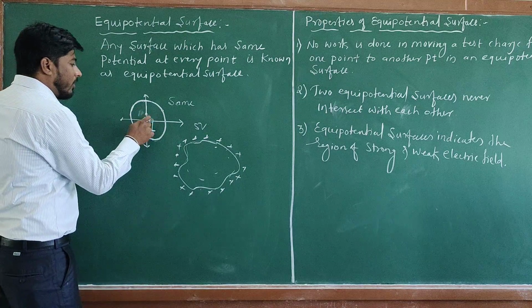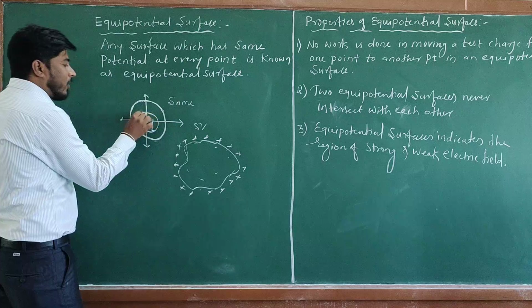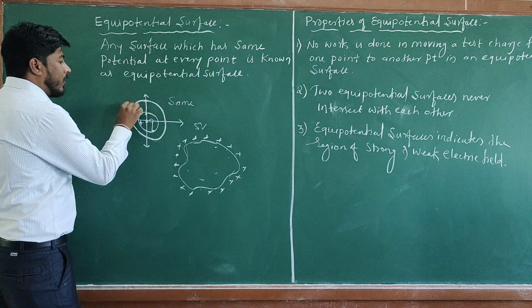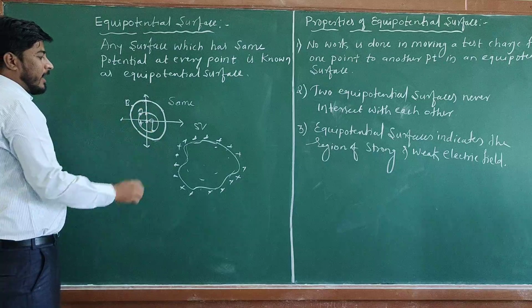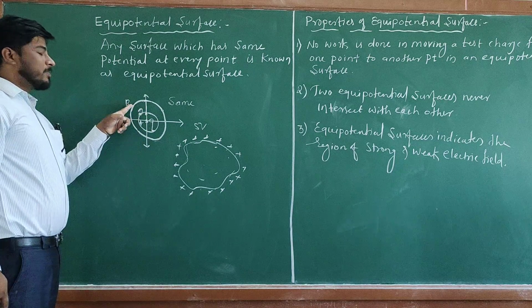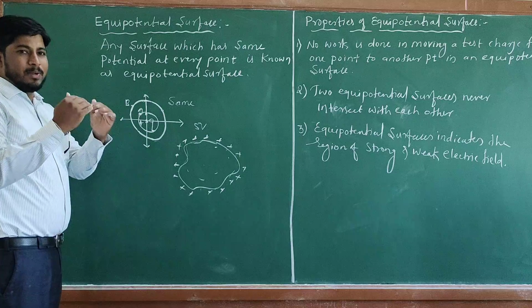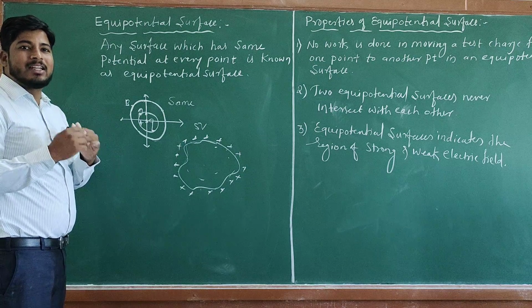Say if I draw one more spherical surface here, I call this surface A and this surface B. At surface A, I get the stronger electric field. At surface B, I get a little lesser, weaker electric field.